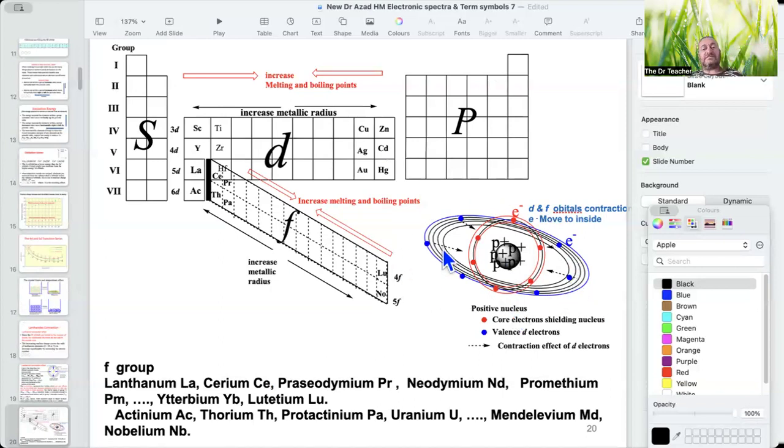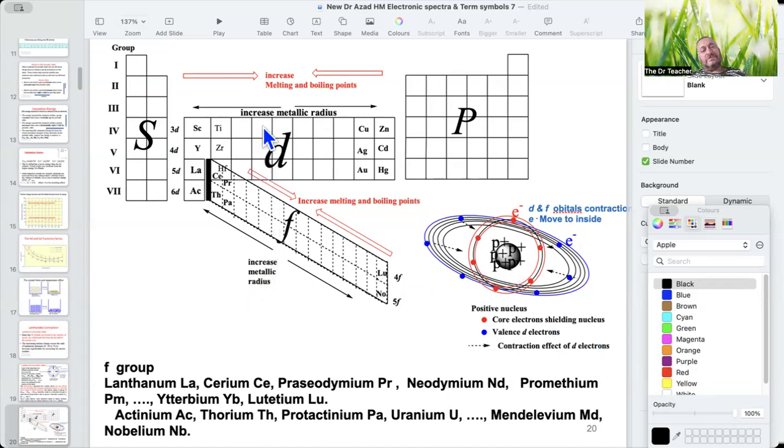And don't forget the high spin of the atom prevents destruction of the atom by electrons attracted to the protons. So there is a shield of core electrons. The d and f orbitals contracted, electrons move inside, and then with the positive nucleus and core electrons shielding it, valence electrons cannot attack the proton nucleus.